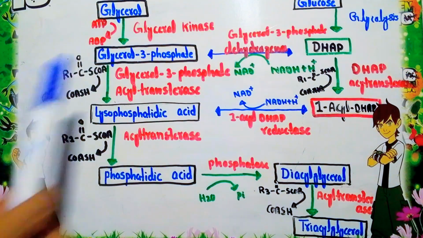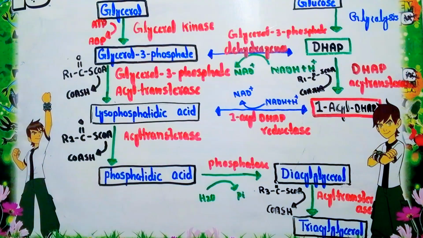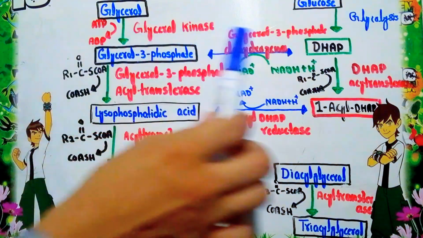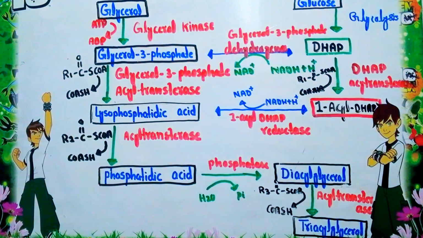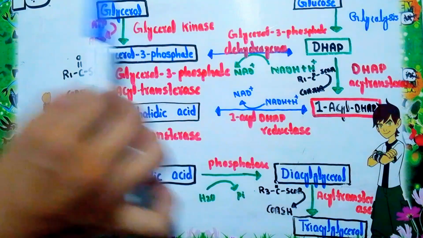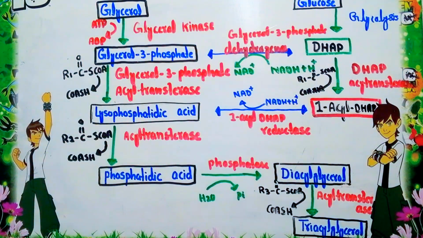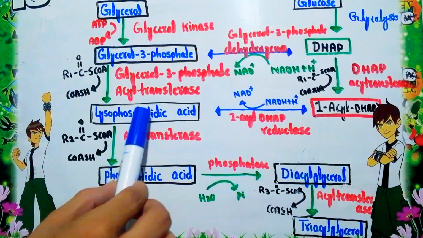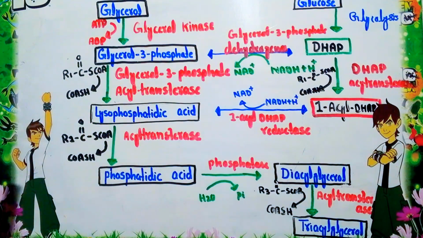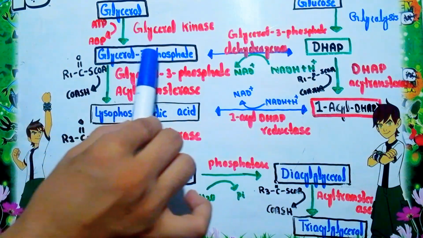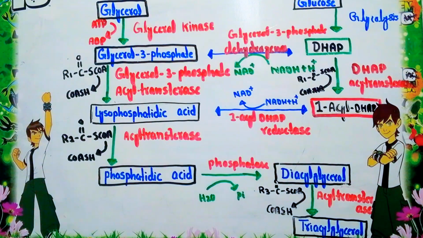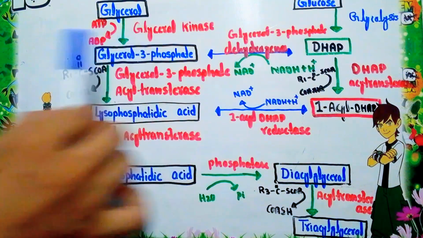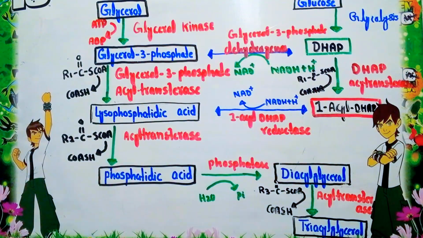Now, what happens to this glycerol 3 phosphate, which is formed from glycerol and from the oxidation of dihydroxyacetone phosphate? Look here, this glycerol 3 phosphate is converted into lysophosphatidic acid. Actually, in the first carbon of the glycerol 3 phosphate, a 1-acyl group is attached.